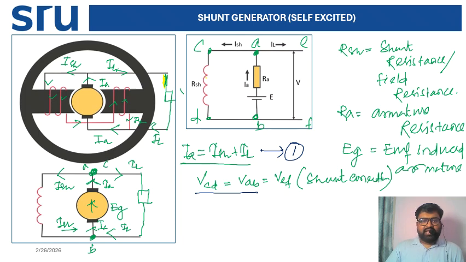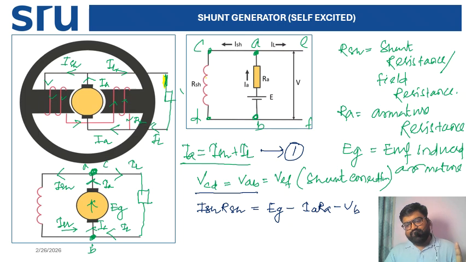That is nothing but ISH into RSH, equal to VAB. VAB means the voltage drop across the armature, where the generated EMF is EG minus IA RA minus EB. This is the overall armature equation, or VAB you can write.